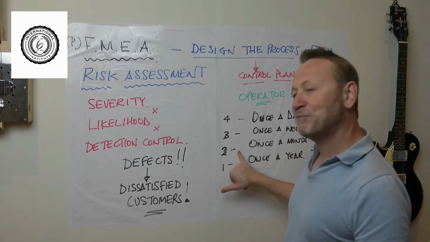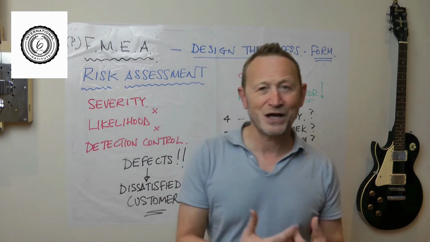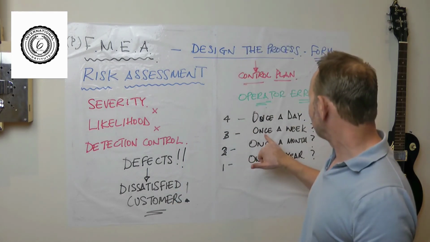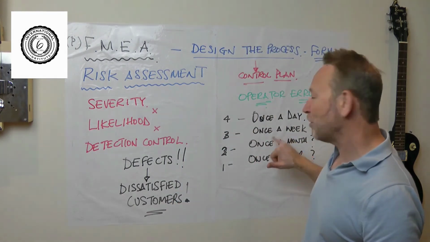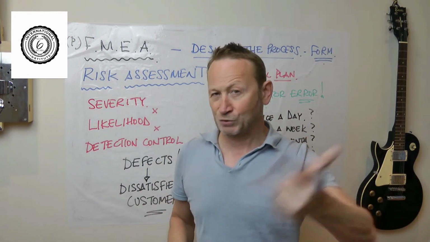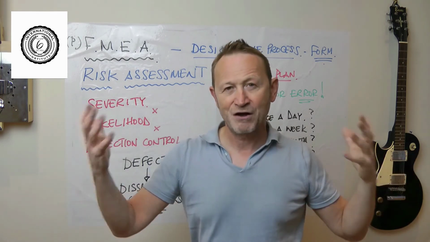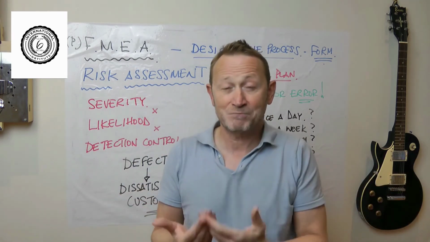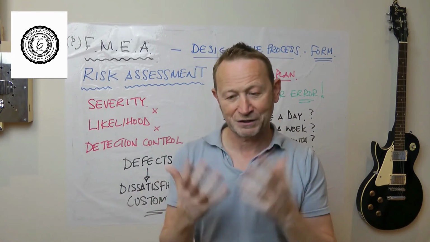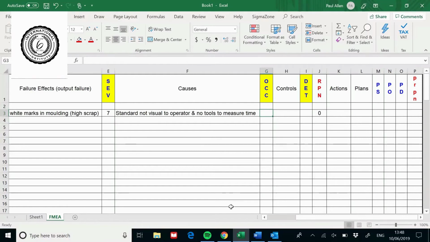And the idea is that it becomes very easy to say, okay, we'll pick a 2. Yes, okay, we'll pick a 3. Now in this case, I'm going to pick a 3. I think if we're not telling people what the standard is, and we don't give them tools to help them judge how dry the material is, how long it's been in the dryer, I would expect us to make that mistake just by accident once a week. So I'm going to give that a score of, in this case, 3. Let's put that in there.